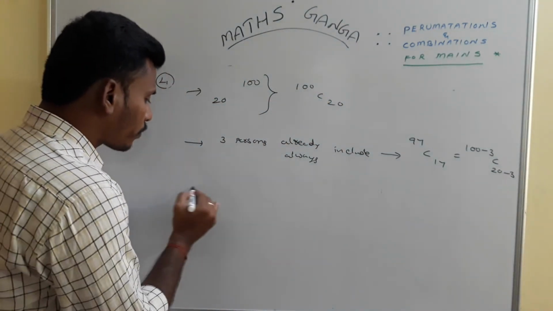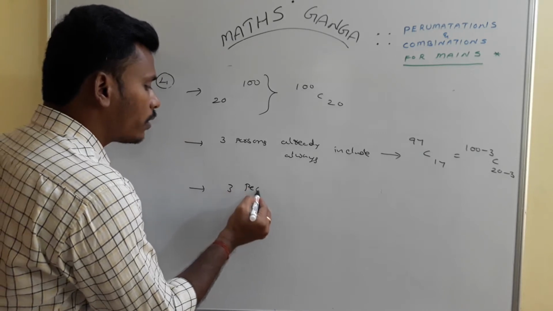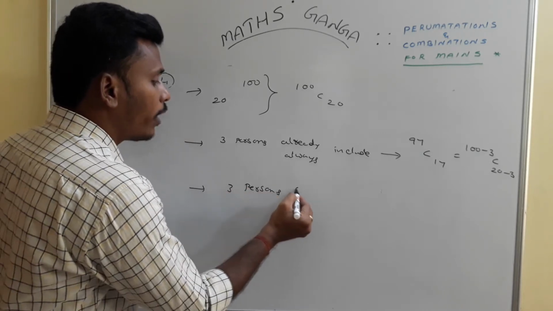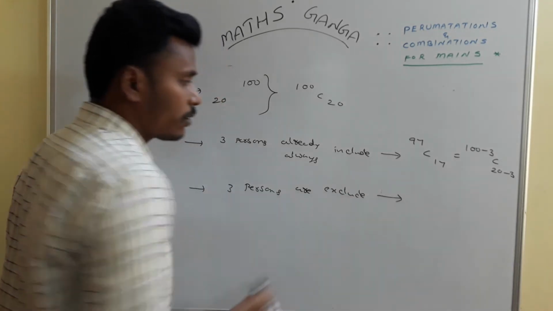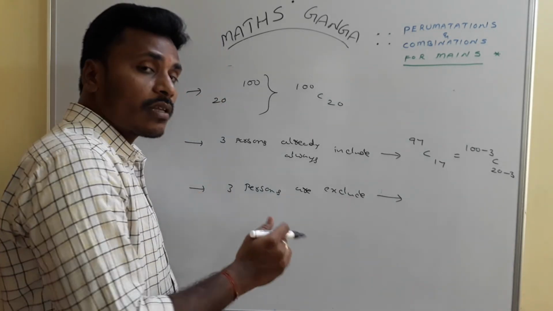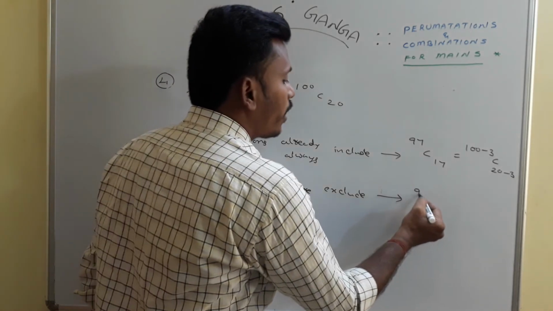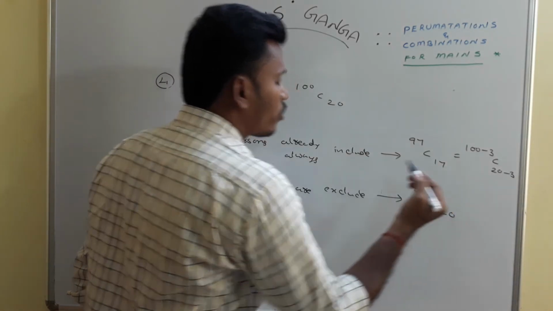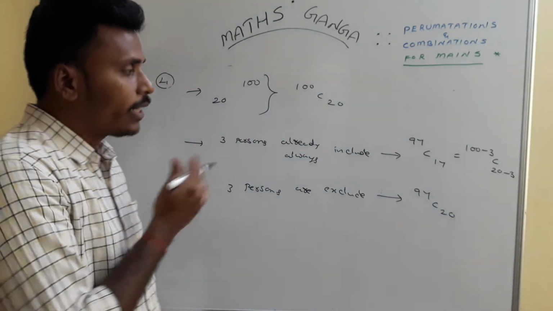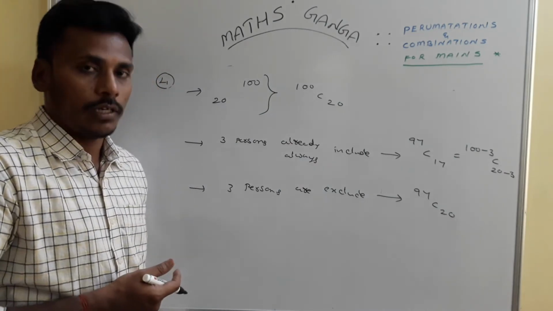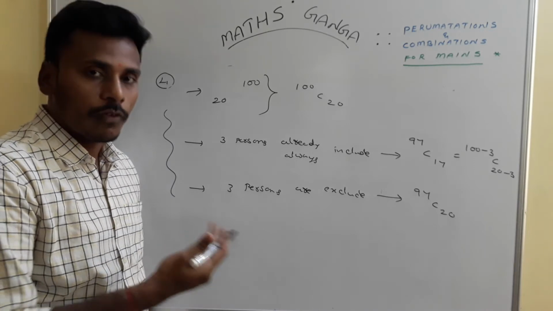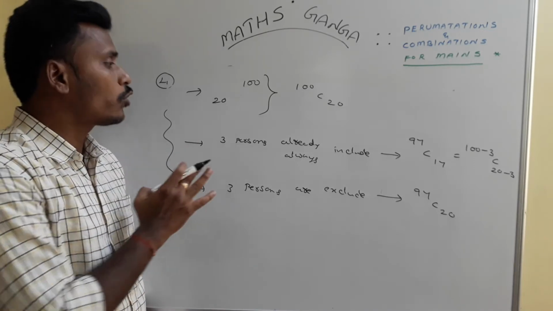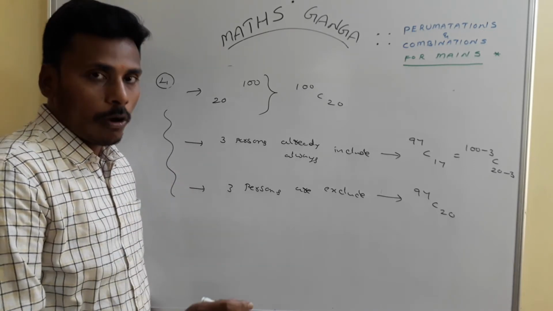And if 3 particular persons are excluded, that means we don't have any chance to select those 3 persons. We have the remaining 97 persons and we need to select 20 out of those 97. It can be done in 97C20. So this is also one of the basic ideas from combinations which is helpful in solving problems. So this is the fourth conceptual idea from combinations.